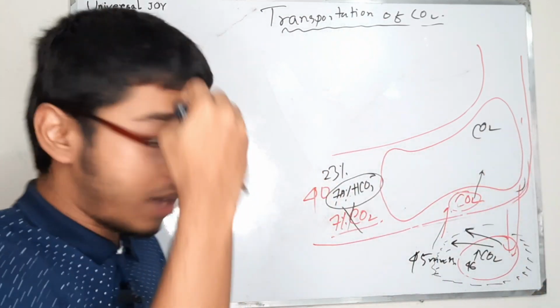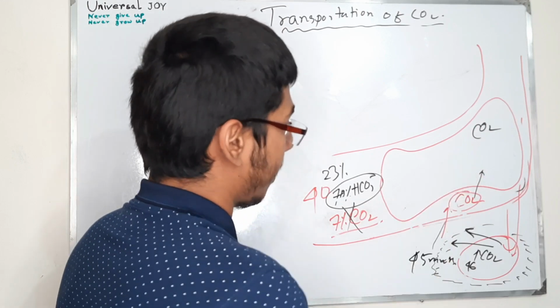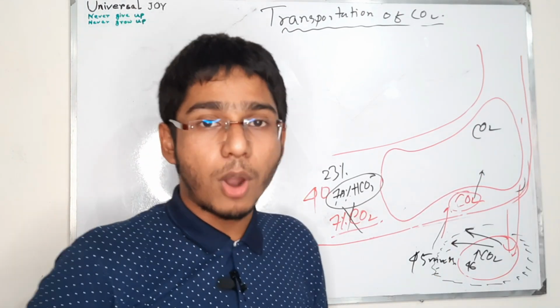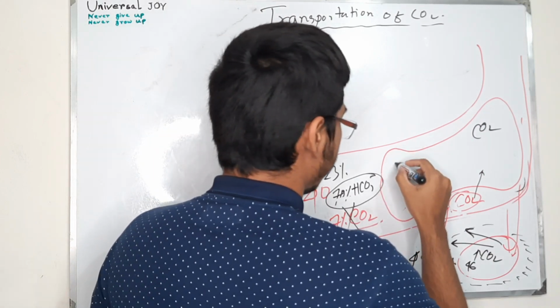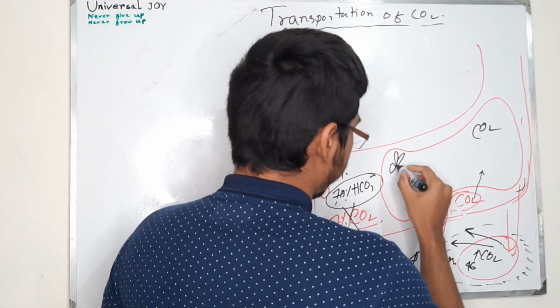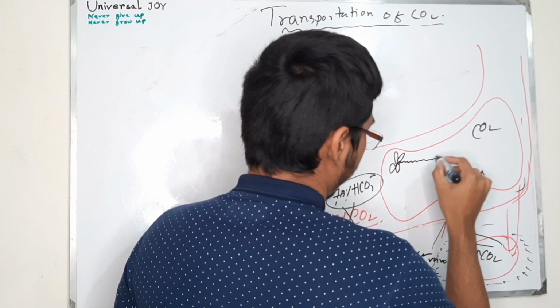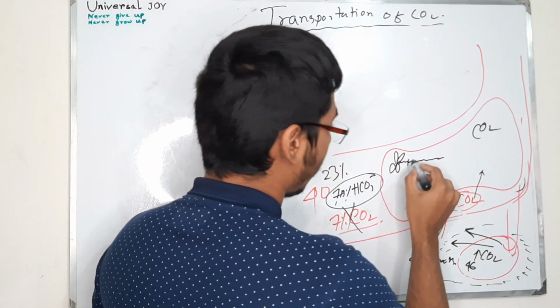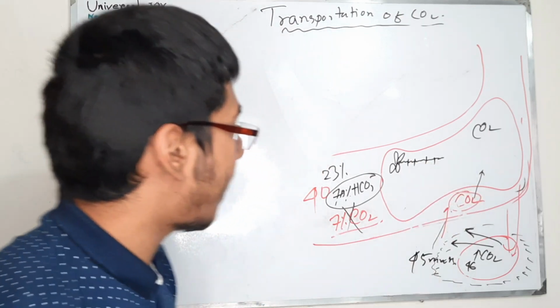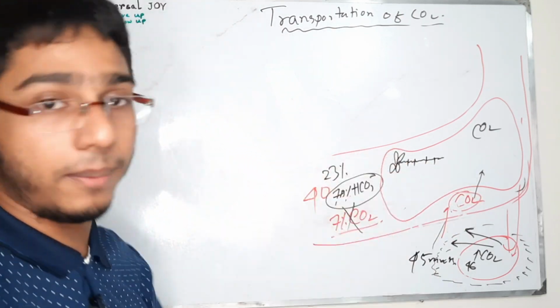Now in the RBC, definitely one of the major important products is hemoglobin. So let us just suppose this is our hemoglobin. We know hemoglobin is a tetrameric compound which has got globin chains. So let us just suppose this is a globin chain, and this is the heme portion of the hemoglobin.